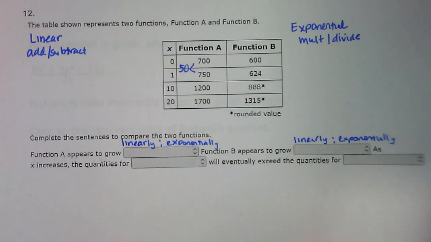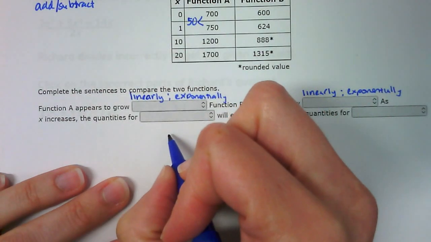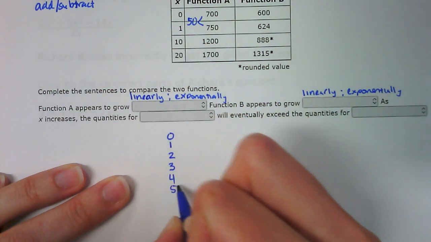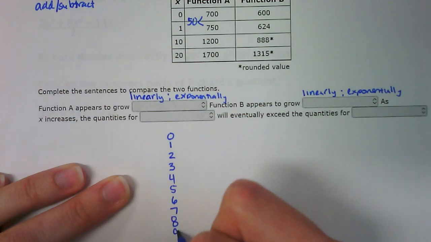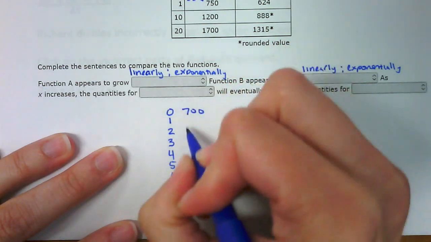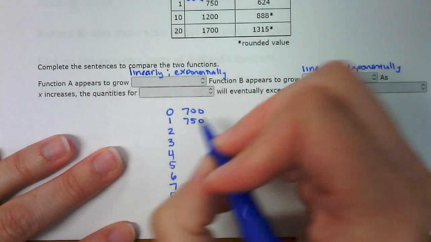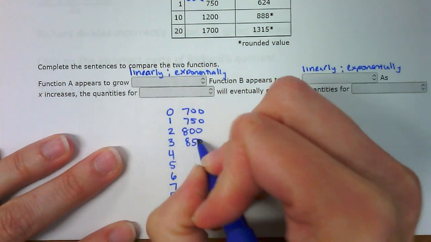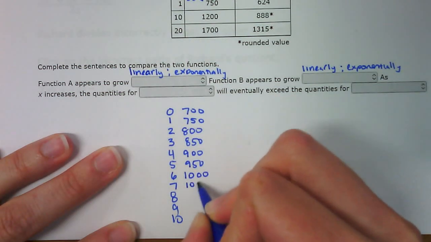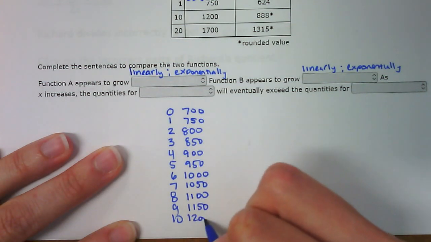One suggestion you could try to make it a little bit easier on yourself is to make a list. So I go 0, 1, 2, 3, 4, 5, 6, 7, 8, 9, 10, and I fill in, this is 700, this is 750, it looks like I'm going up by 50s, right? So then this would be 800, 850, 900, 950, 1000, 1050, 1100, 1150, and then 1200.